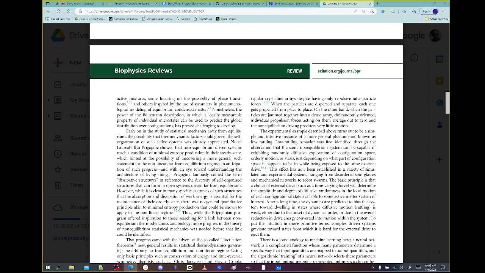On the other hand, when the particles are jammed together in a dense array, the randomly oriented individual propulsion forces acting on them average out to zero, and the non-equilibrium driving produces very little motion. So when we talked about liquid crystal biology, one of the features of that is this idea of a jamming phase transition, which is where you go from having a bunch of particles moving around, interacting, to this jammed state where they're all sort of fixed in place because there are too many of them in a space.